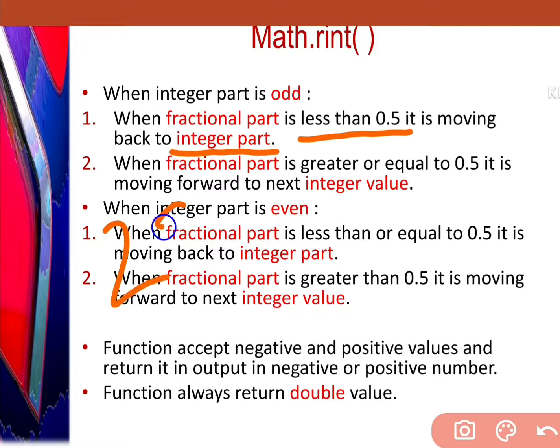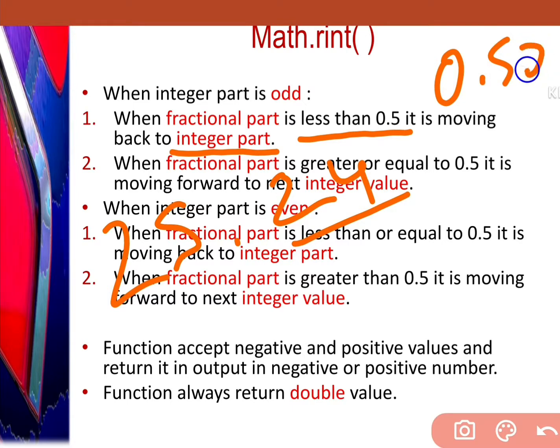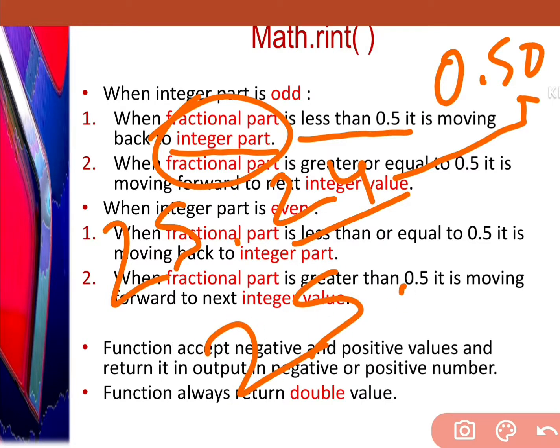It means if you have 25.24, 24 is smaller than 0.50. Yes, it is smaller than 50. Then you have to move towards the integer part, so you get 25.0.